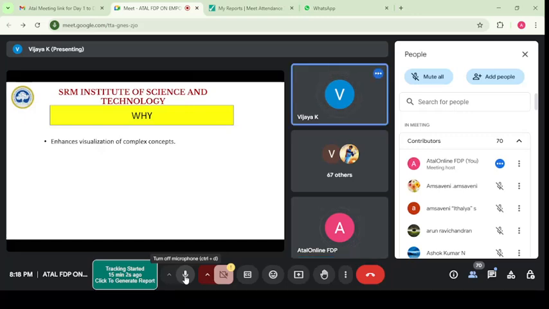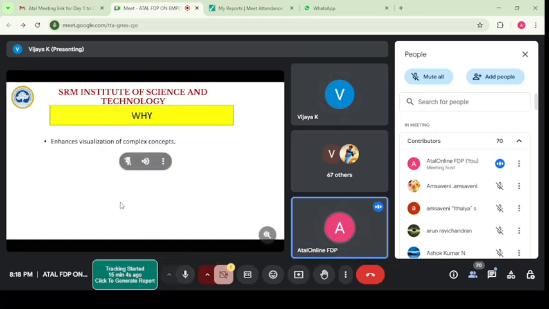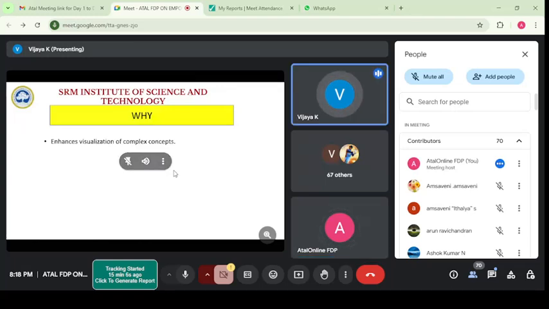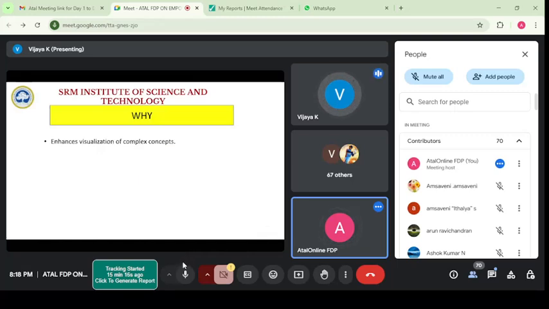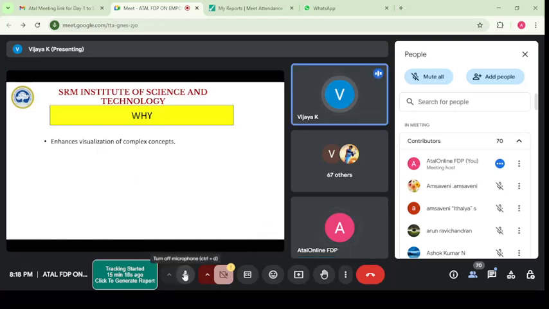Ma'am, we are not able to see the images, ma'am. Only one bullet point is there. I have three images and three bullet points. Has it come now?